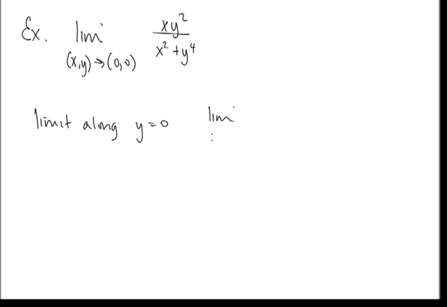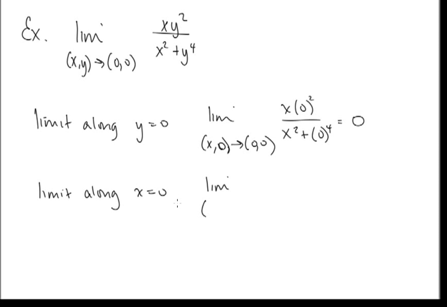We're going to have the limit as (x, 0) approaches (0, 0) of x times 0 squared over x squared plus 0 to the 4th. And again, as x is going towards 0, x is not equal to 0, so this division is 0 over non-zero, and this is equal to 0.